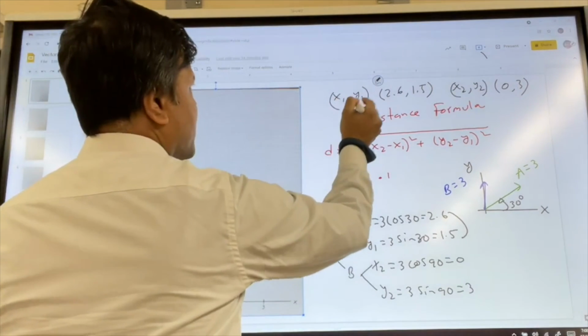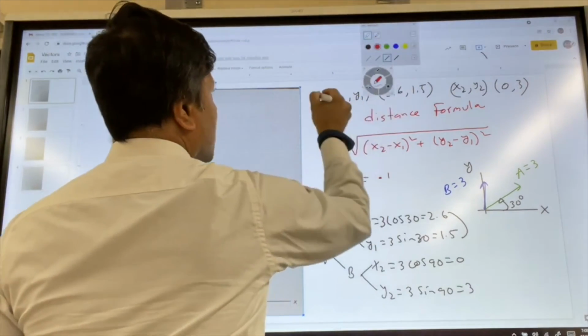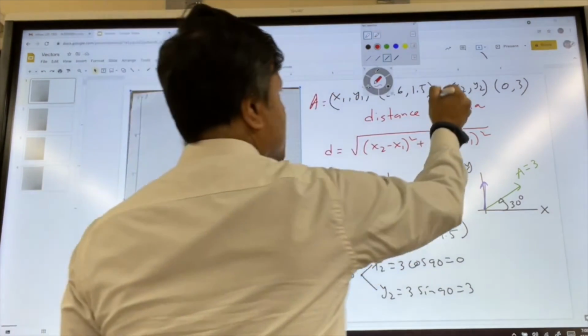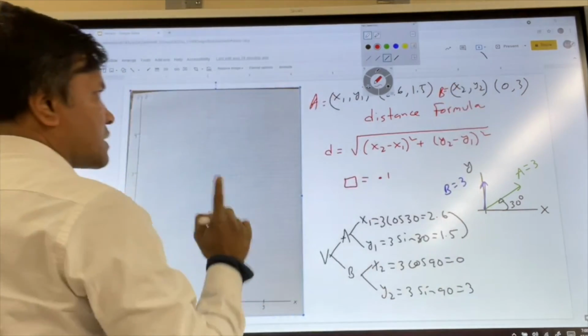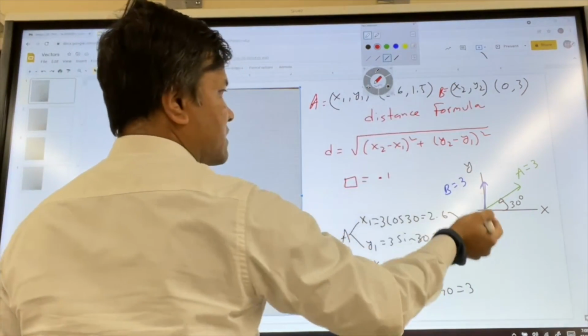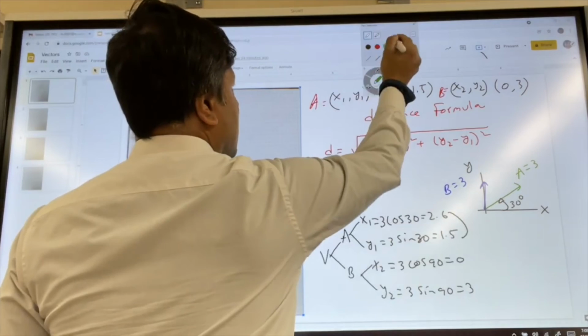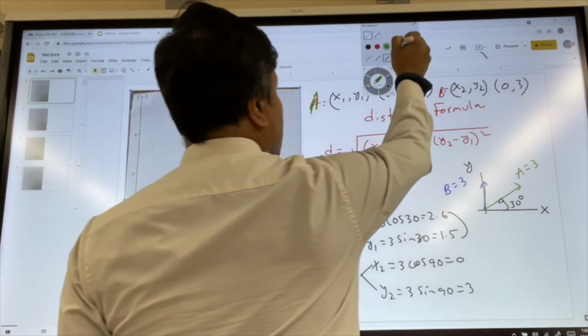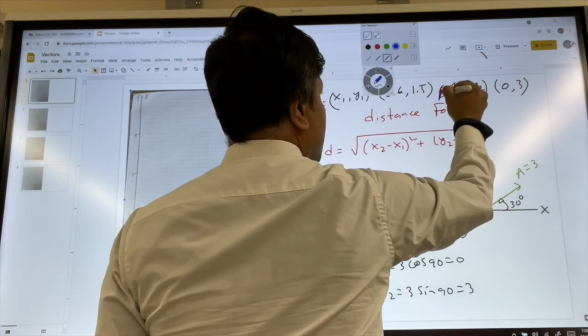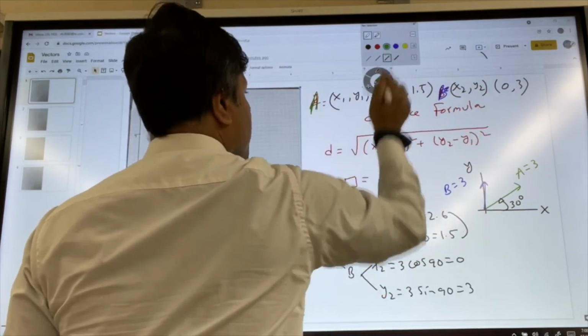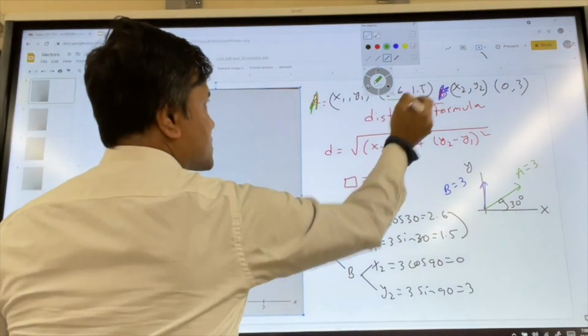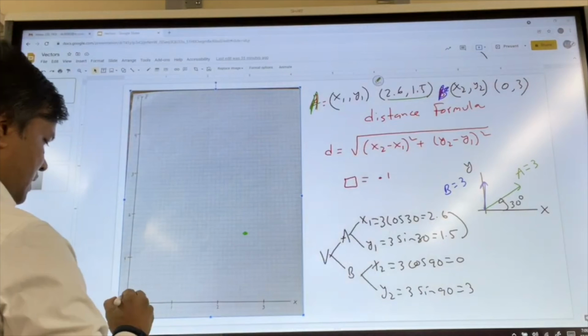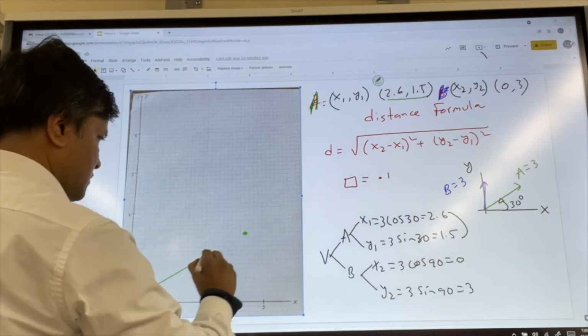This is my vector A and this is my vector B. All right, let's fix the color. This is vector B. So let's draw the vector A, 2.6 comma 1.5. I'm not sure whether I can draw it.